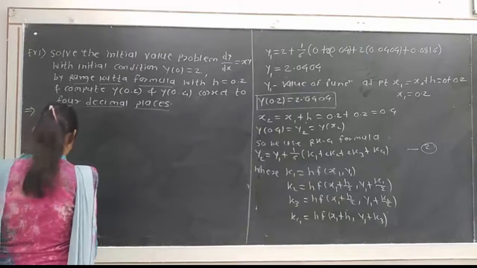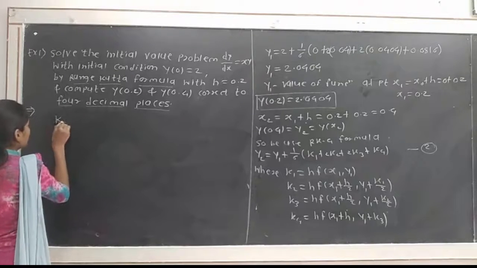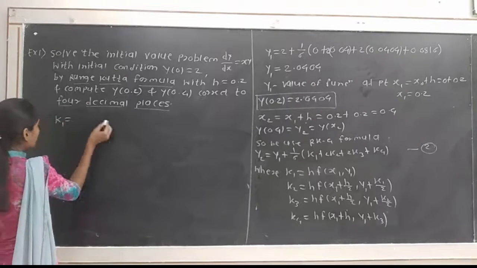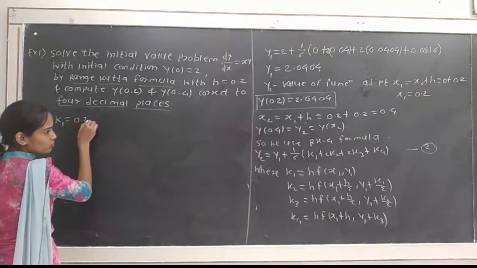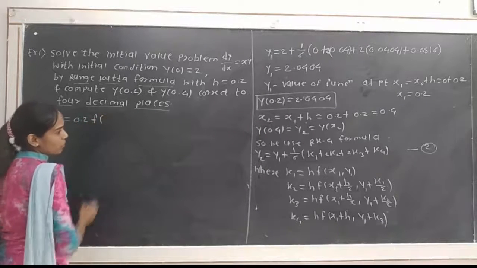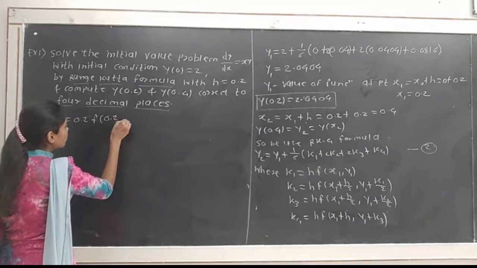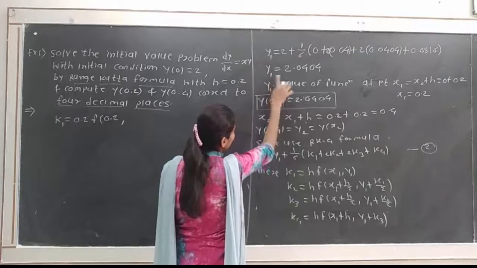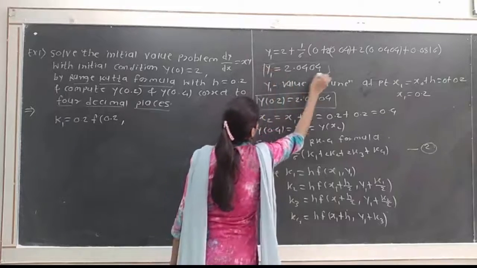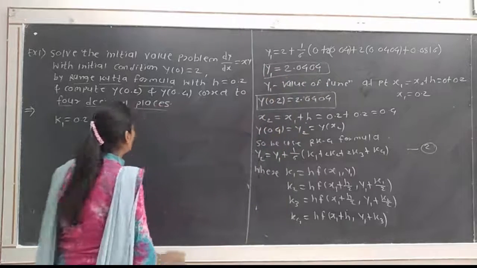So k1 will be equal to h, which is 0.2, times f of x1 comma y1. x1 will be 0.2 comma, and the value of y1 is 2.0404.